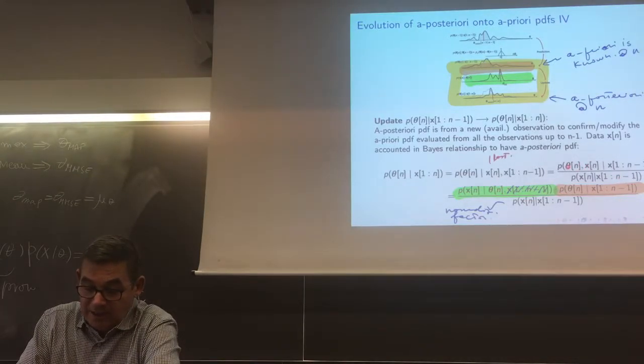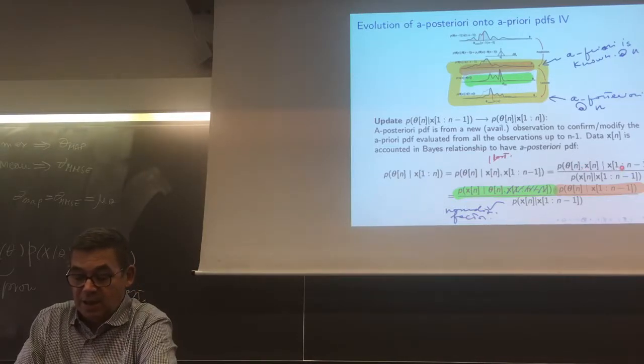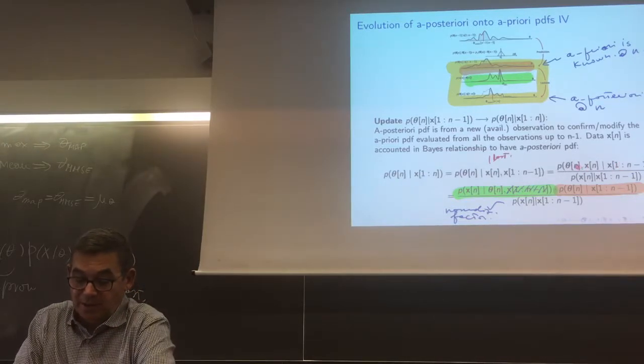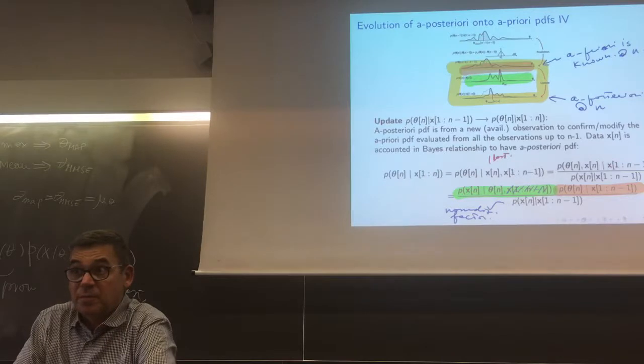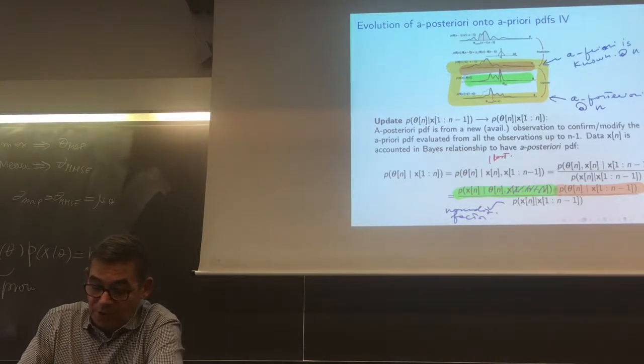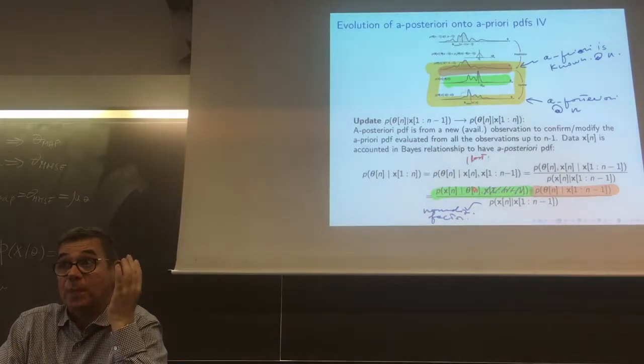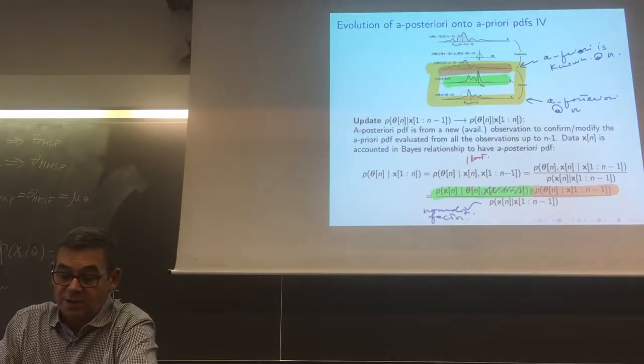So I have theta given x n, and then I have p of theta given all the others without x. But now this is local, it's not depending on the chain of the data. Then it is here.